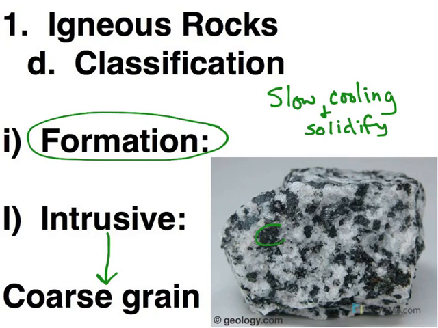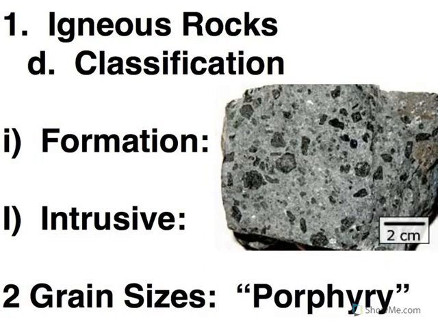And the result is these larger grains. Well, there's different kinds of intrusive rock. You can have just a general intrusive rock. You could have a porphyry intrusive rock.